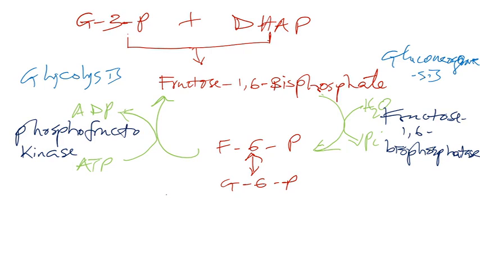But to convert the glucose 6-phosphate to just normal glucose, we need another enzyme.